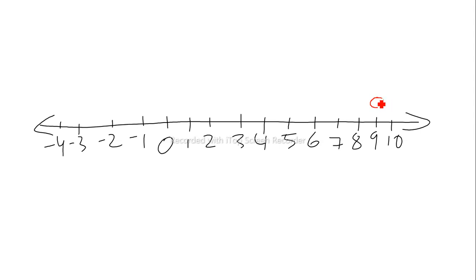Notice that we do not shade it in. And we continue on and on. And so this is the graph of x is less than 9.